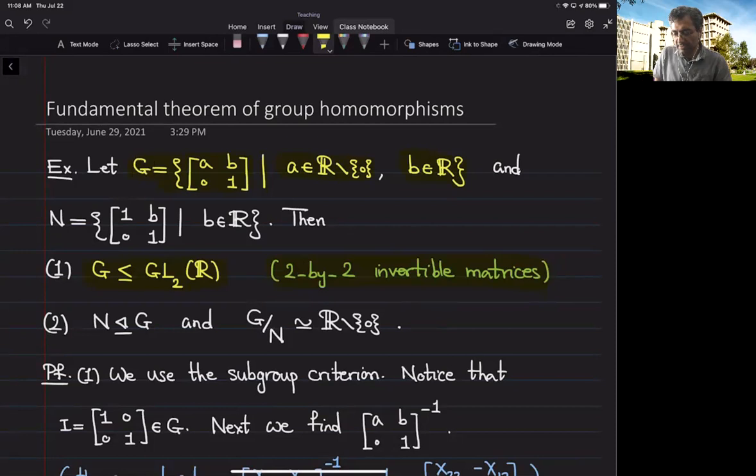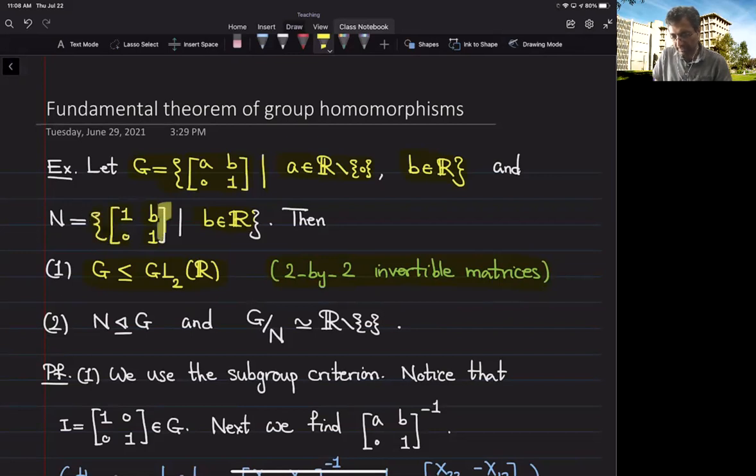Now, inside this group G, I can consider those matrices where both the entries on the diagonal are 1. I have no restriction on the 1-2 entry. So B can be an arbitrary real number, but the other entries are fixed, and it is of this form.